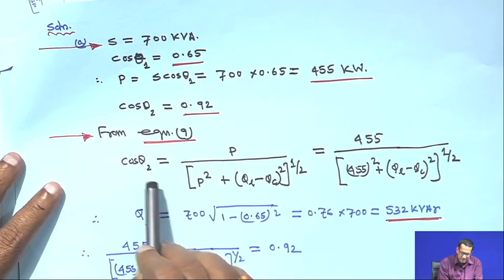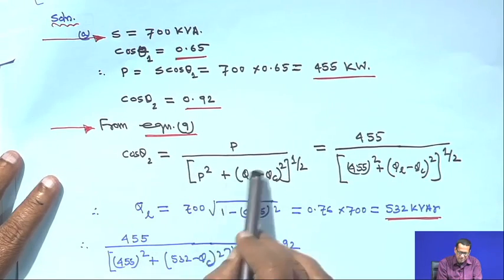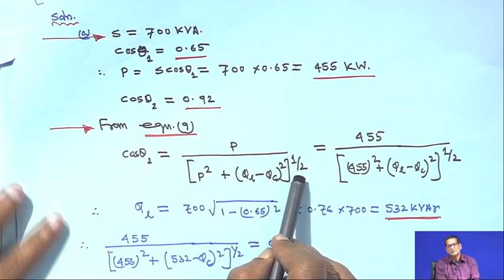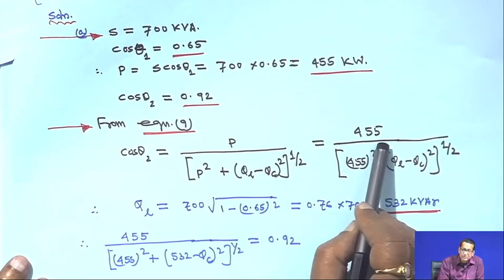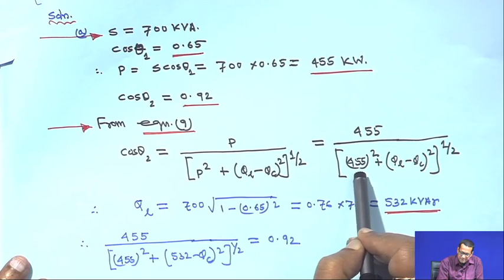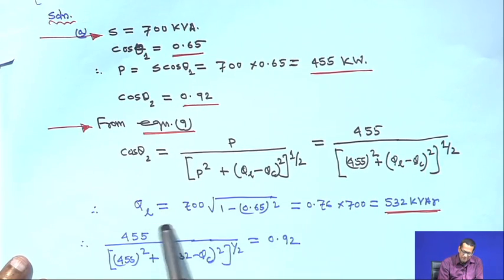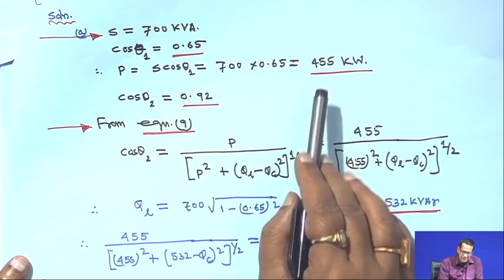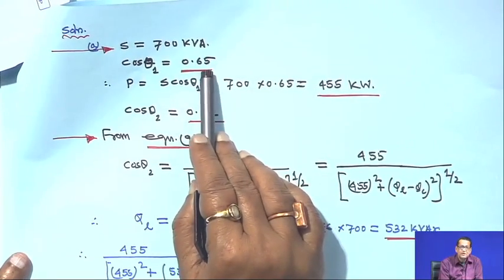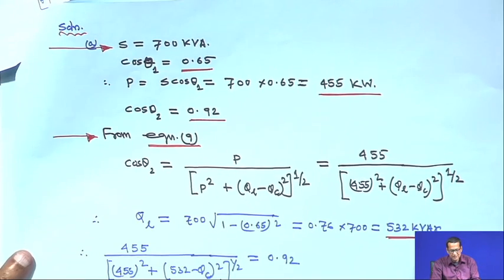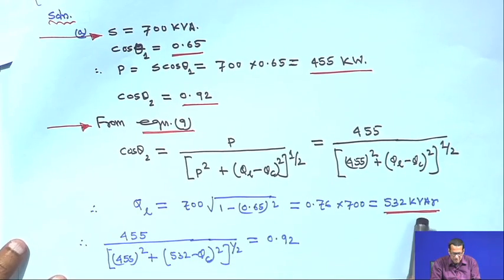From equation 9, cos theta 2 is equal to P upon root over P squared plus (QL minus QC) whole squared, that is 455 upon root over 455 squared plus (QL minus QC) squared. Substituting theta 1 of 0.65, you will get QL equal to 532 kilowatt, the load reactive power.